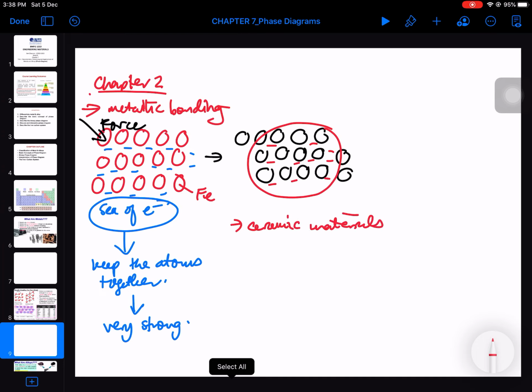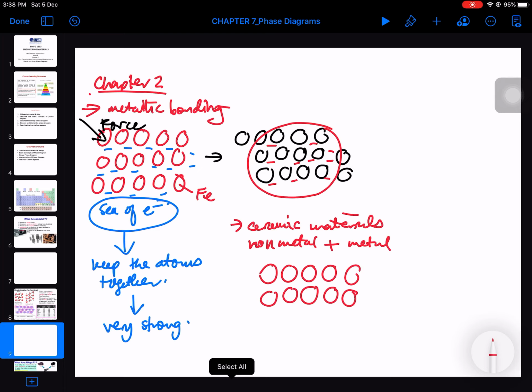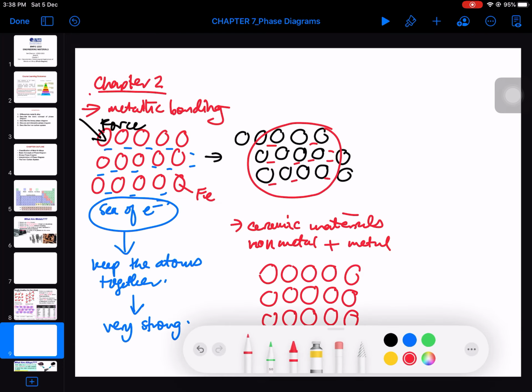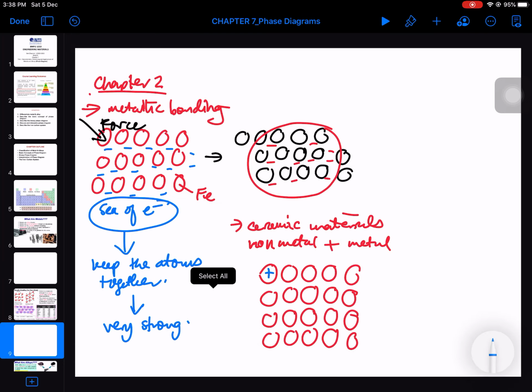Since it's a bonding between non-metal and metals, in ionic bonding, we have charges of anion and cation that sit next to each other within the crystal structure.